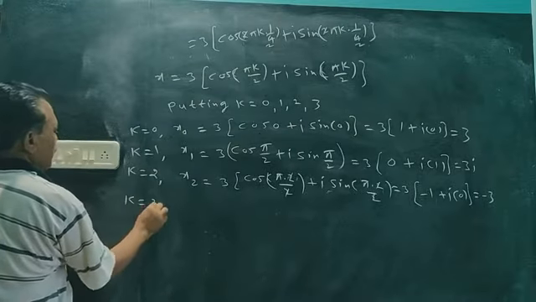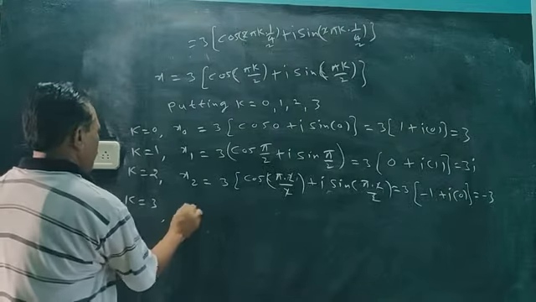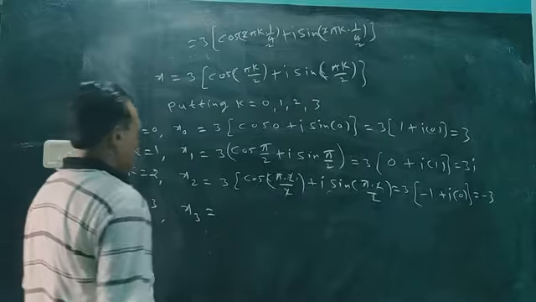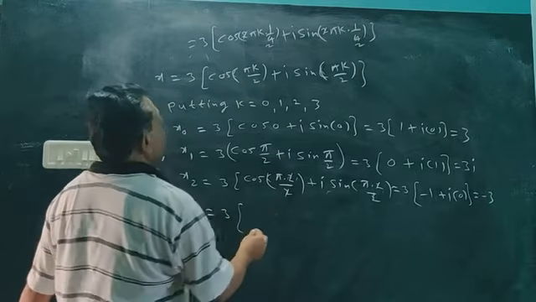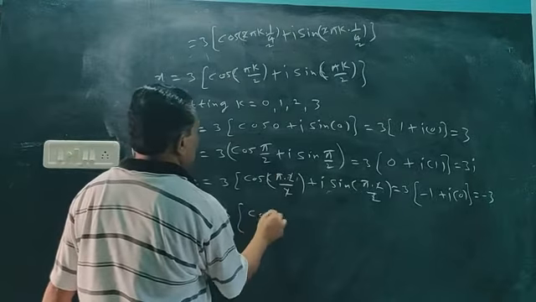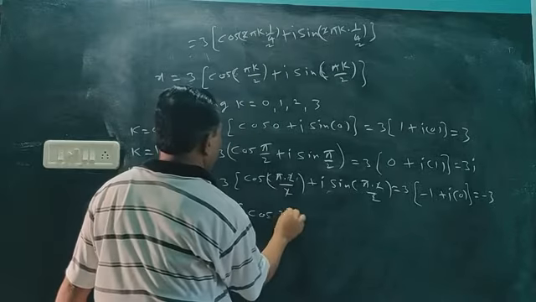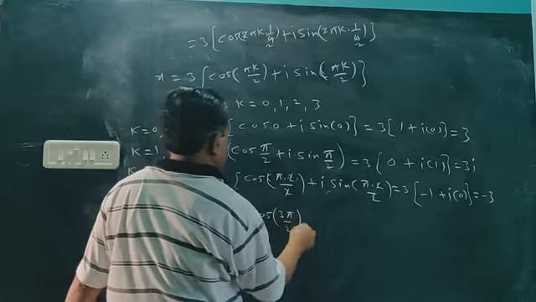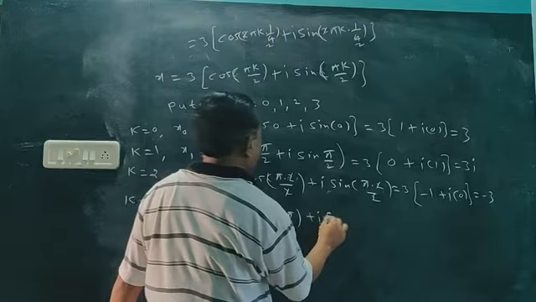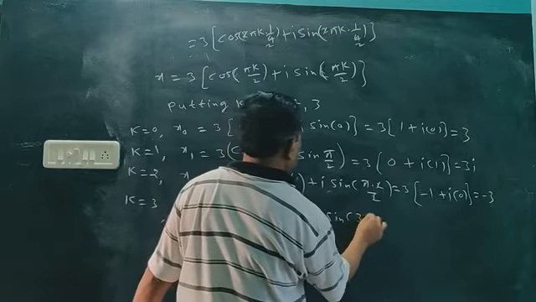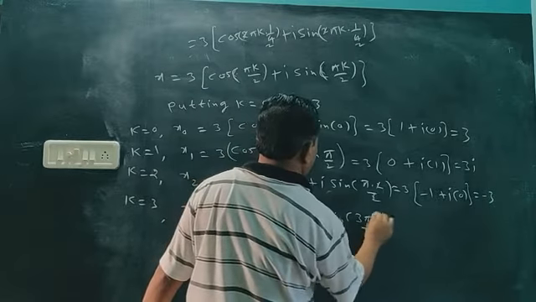Last, k equals to 3, x3 equals 3 times cos of 3 pi by 2 plus I sin 3 pi by 2.